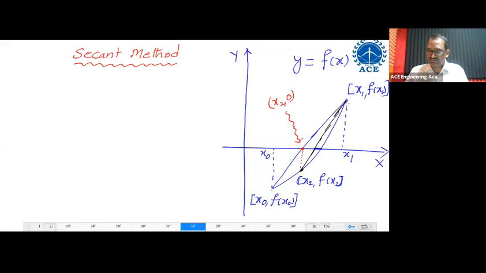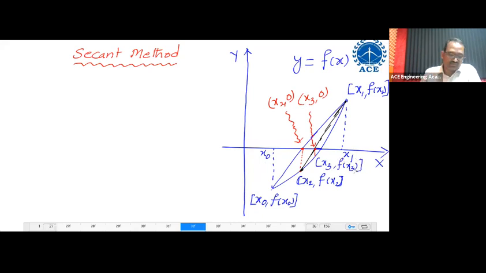The line where it touches the x-axis will be your next approximation. Already x0, x1 are completed. This is x2, this is x3. At this point, come down perpendicularly. Now, what is this point? This point is x3 comma f of x3.